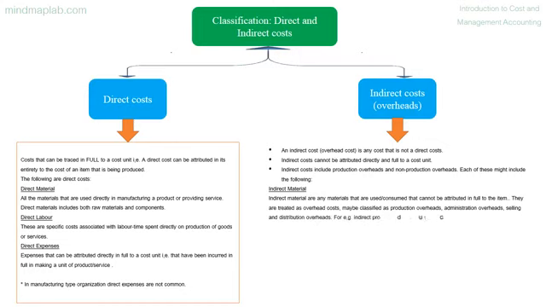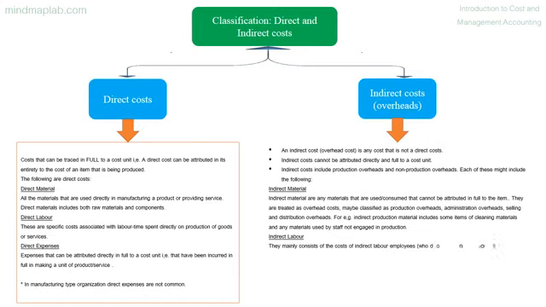For example, indirect production material includes some items of cleaning materials and any materials used by staff not engaged in production. Indirect labor. This mainly consists of the costs of indirect labor employees, who do not work directly on items that are produced, but may be necessary so that production takes place.